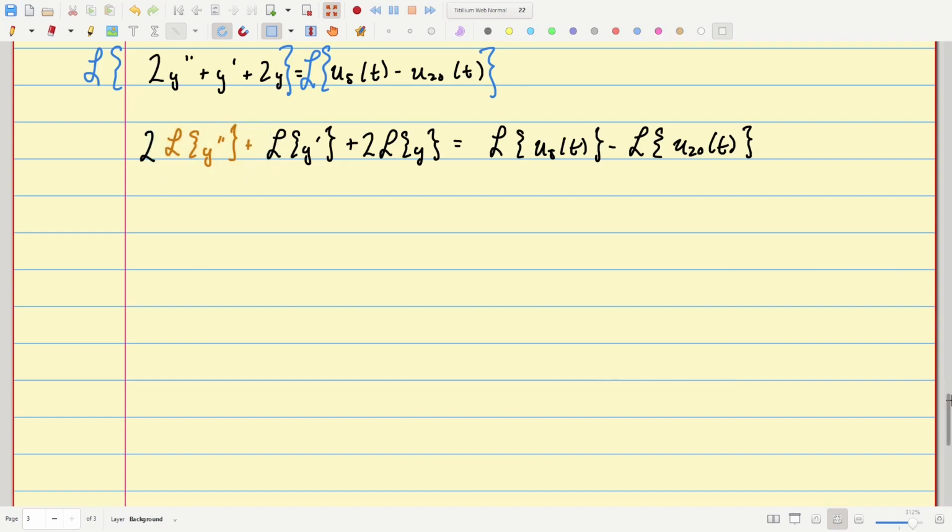First term, we're going to have 2 times s squared capital Y of s minus s y of 0 minus y prime of 0.